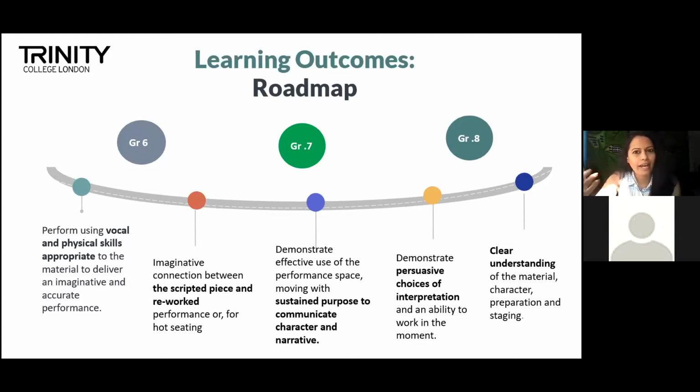The imagined characters, the imagined situations, the imagined properties, whether they are actually there or not, the use of it, all of it. And how much do you understand? Do you understand the background of the character? Why and how is the character different from the situation that he or she is put in, or how are they similar? Those kinds of detailed conversations one has to have when one is doing a grade 8 performance.